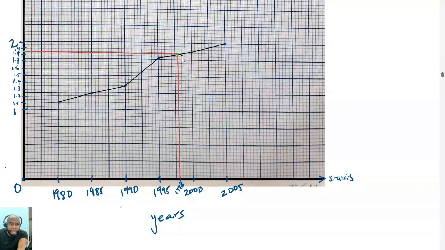What y'all getting? I am getting between 1.8 and 1.9, which will be 1.85. Tell me if you're getting 1.85 there. Right? So let me go out a little bit so everybody can see it.